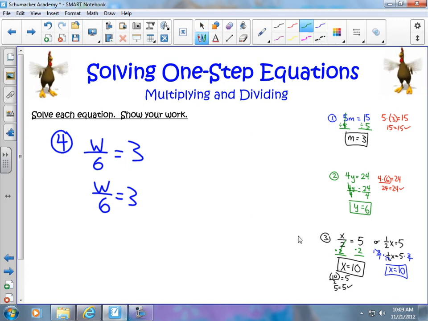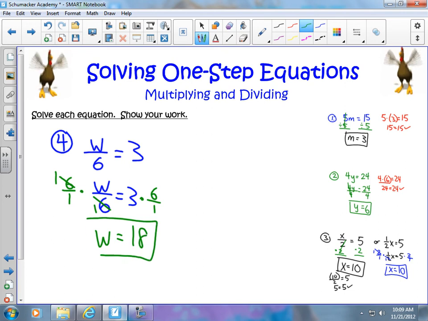And it's very much like what we did on the second example. I'm going to multiply it by 6 over 1 and multiply this by 6 over 1. And watch what happens. I'm simplifying, cross canceling here. I can divide both of these 6's by 6, get 1 and 1. And now I have 1 times w over 1, which simply gets me w. And then 3 times 6 equals 18.